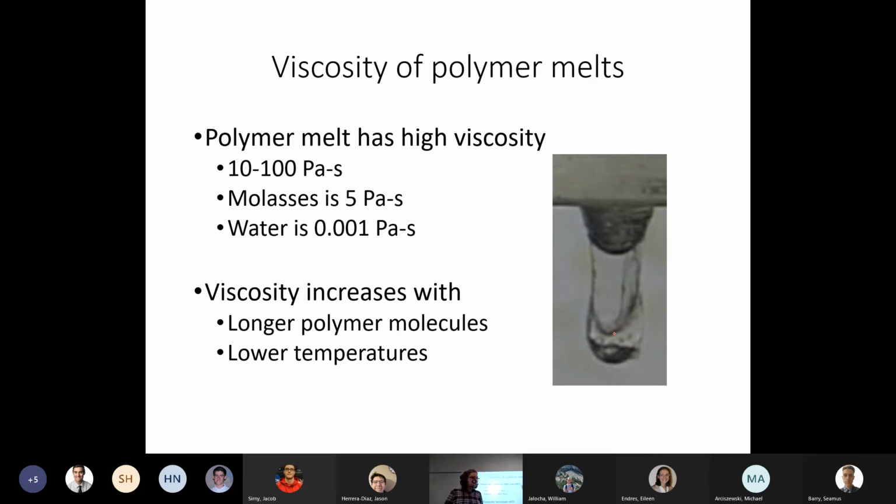So if this was water or metal, we wouldn't be able to see that droplet. Viscosities for polymer melts are going to be high, 10 to 100, whereas molasses is 5 and water is 0.001.